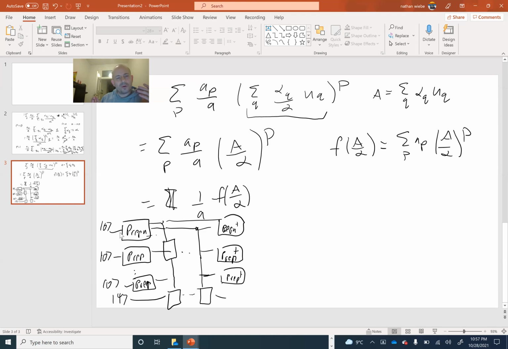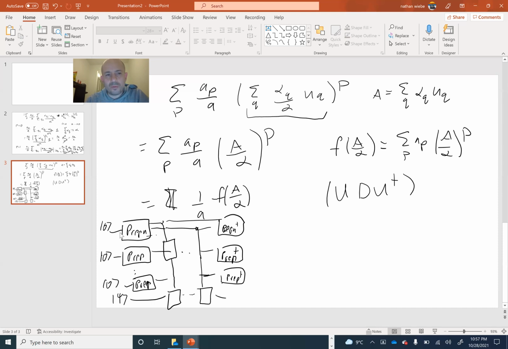But the key point, again, if you get nothing more out of this, is that quantum singular value transformation gives you a way of implementing the power of a block encoded matrix. And it's called a singular value transformation, at least in this case where the matrices that we're transforming are normal matrices, because of the fact that all normal matrices can be diagonalized.